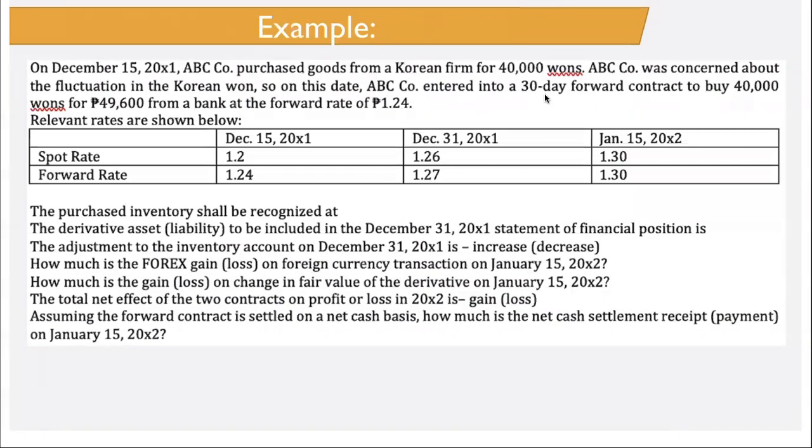So again, 40,000 represents your notional amount. And the rates represent your underlying. So we have here a purchase.